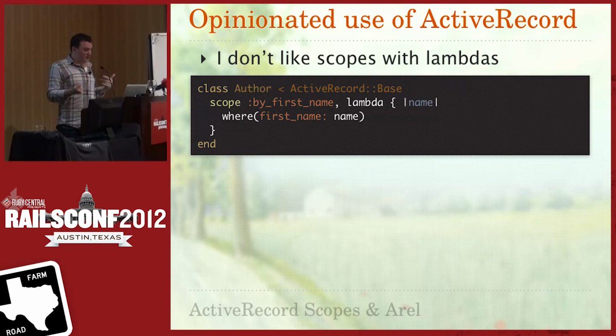Another reason why you might use a lambda is if your scope is dealing with time, like Time.now. An example of that might be if you're trying to find all users that have been created in the last 5 minutes. If you do that and you start your server, you might find some users that were created in the last 5 minutes, but let's say 10 minutes from now, you look at that same page, you're going to get the exact same results you got back when you were on it 10 minutes ago.